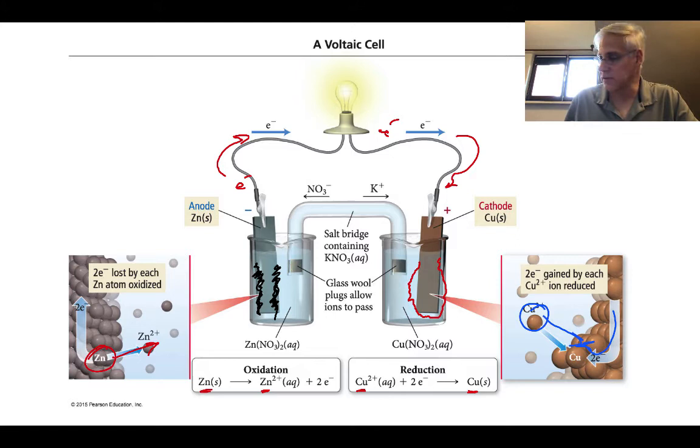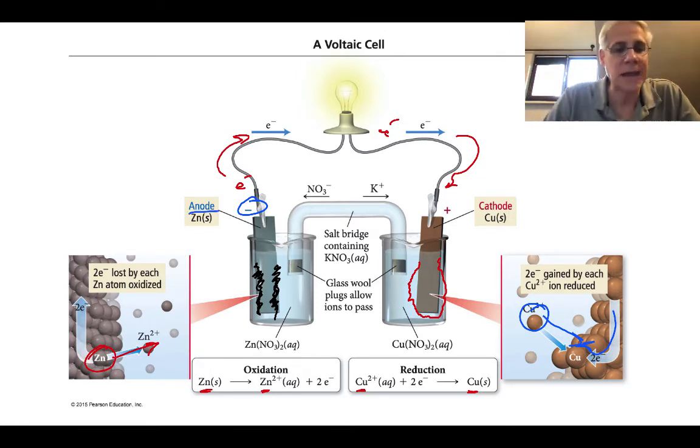Now, some other things that we want to take a look at is the signs on our electrodes. Just like when you have a battery, you have a plus side and a minus side, and when you're putting your batteries into a device, you have to make sure that they're going in the right way. And so where the electrons are coming out of is a negative charge, and so we call that the anode.